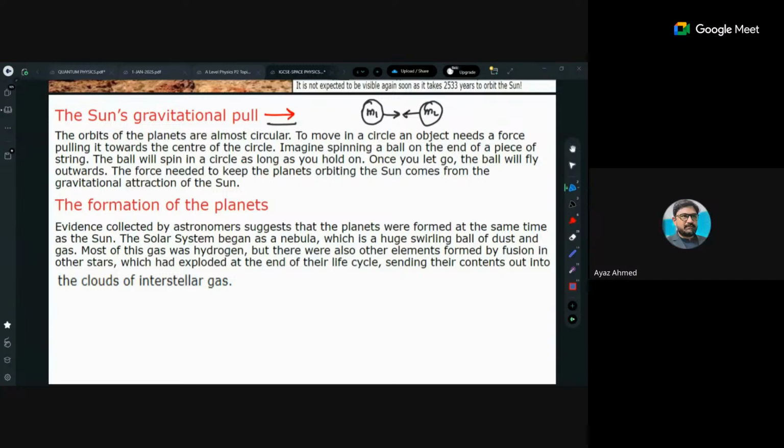Actually, gravitational pull is that type of force which is not due to some sort of charges or some sort of poles. Research is in progress. So we could not find actually the origin of gravity till now, despite all the resources.